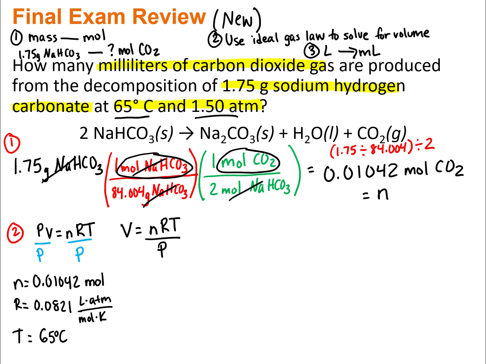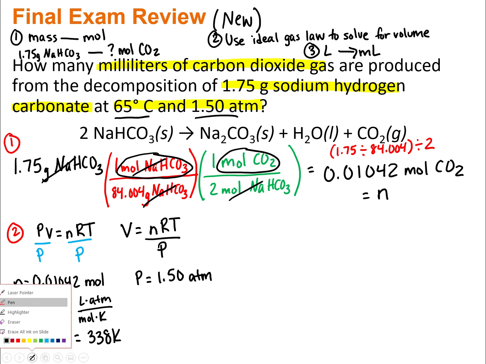Gas laws require Kelvin temperatures, not Celsius. So you add 273 to that, and you get 338 Kelvin. And our pressure was given at 1.50 atmospheres. Now we can substitute all of this in and get our answer.